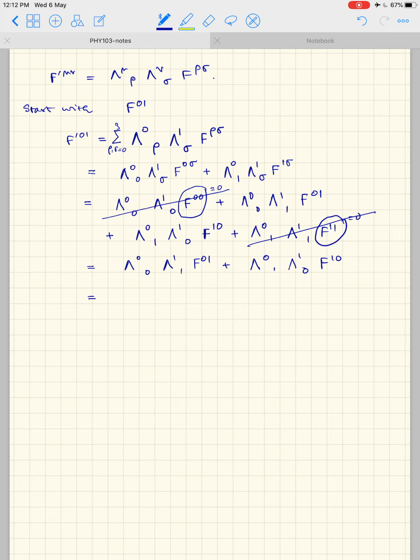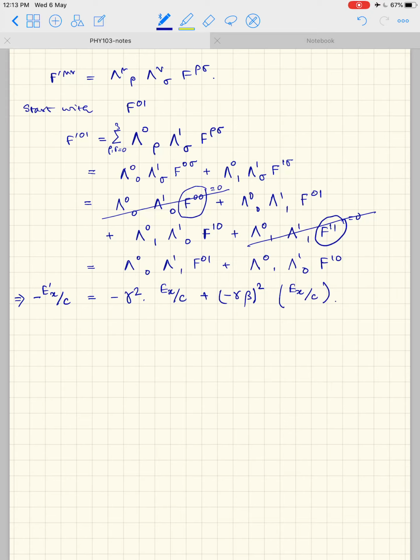On the left hand side, this is E primed x over C. On the right hand side, lambda 0,0 and lambda 1,1 are both gamma, so this is gamma squared, and f0,1 is Ex over C. Lambda 0,1 and lambda 1,0 are related by a sign, so these are both minus beta gamma squared, and f1,0 is actually minus of f0,1. So this is going to be a minus, Ex over C.